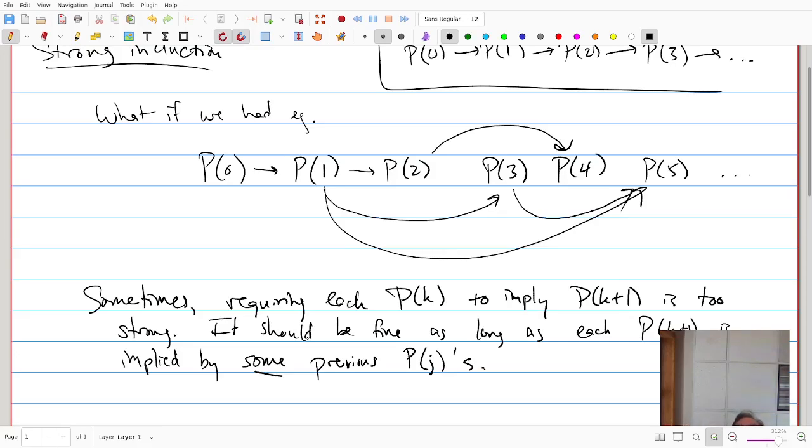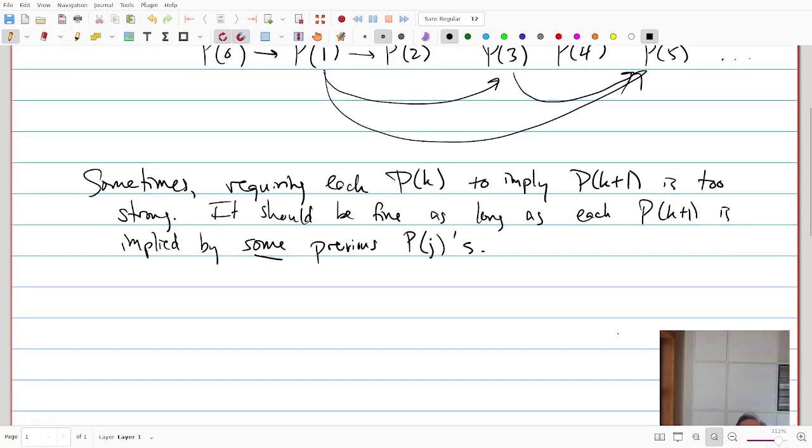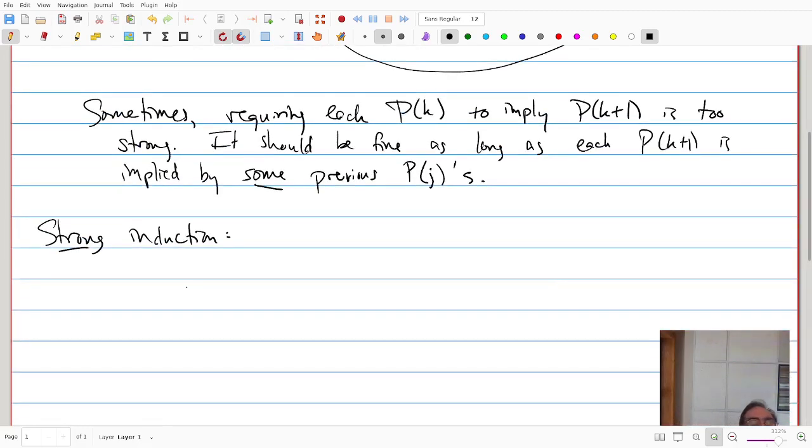So to do this, we're going to define something called the principle of strong induction. So strong induction says something like this. If we can prove P0 and for all natural numbers k, now with normal induction, weak induction, we just said if Pk implies Pk plus 1.